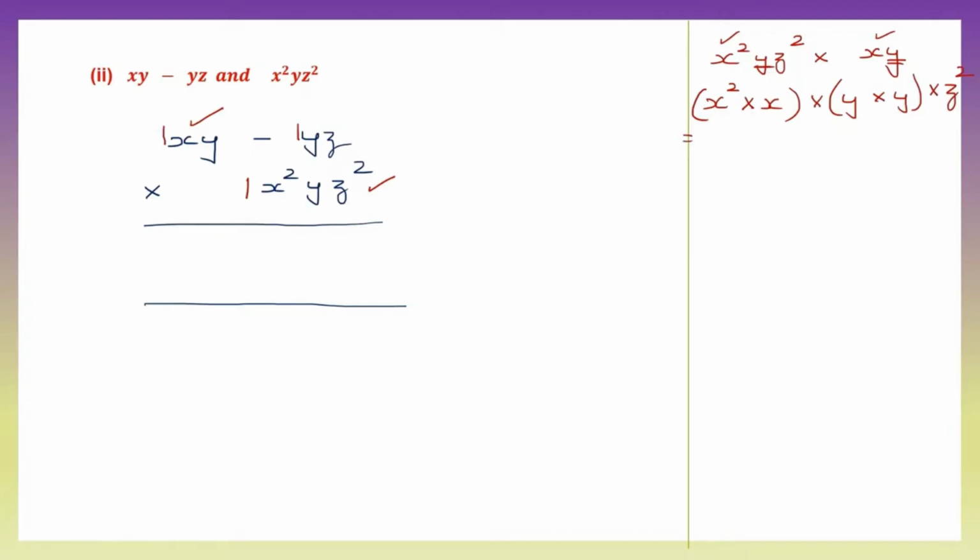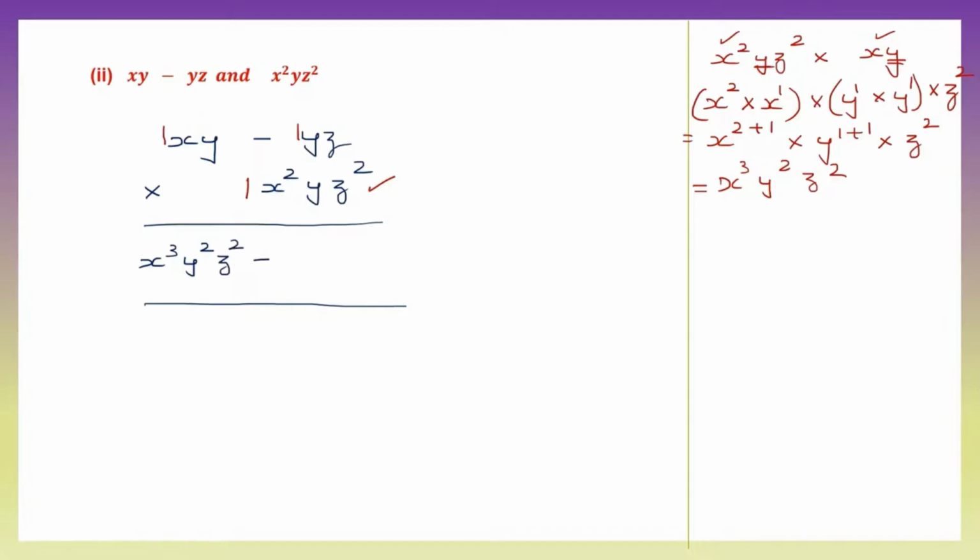So this becomes x raised to the power of 2 plus 1, y raised to the power of 1 plus 1, into z square. So the answer here is x to the power of 3, y to the power of 2 and z to the power of 2. So let's write that down: x cube y square z square. Let's put a minus sign.